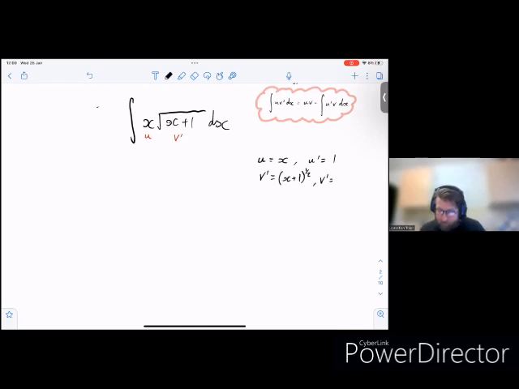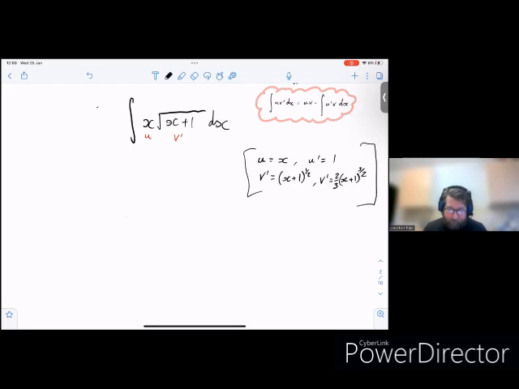So we add 1 to the power, and divide by the new power, and then divide by the derivative of the bracket, but that is just 1. Okay, so they're all the pieces we need for our formula.